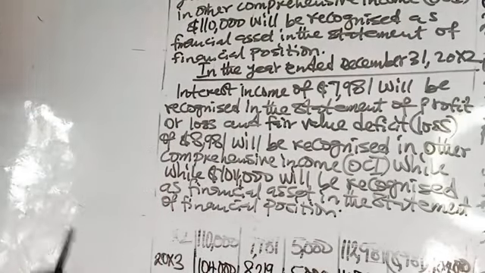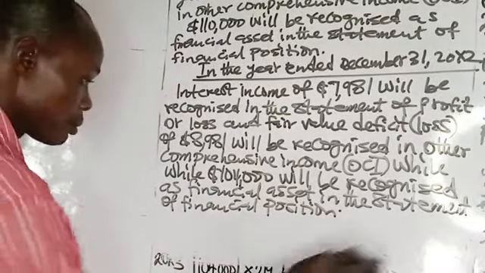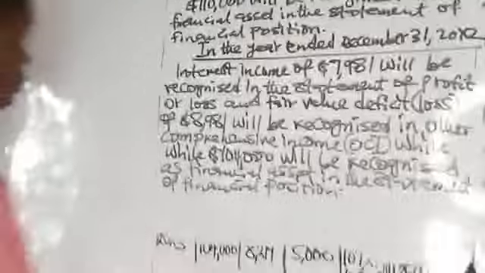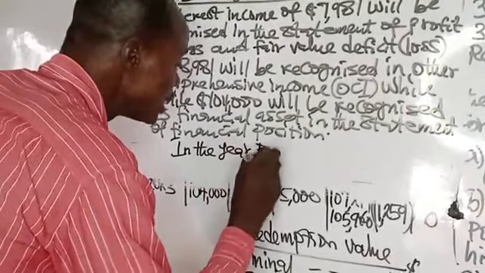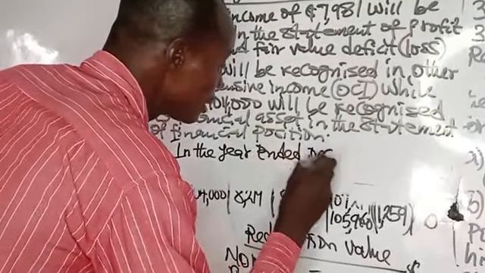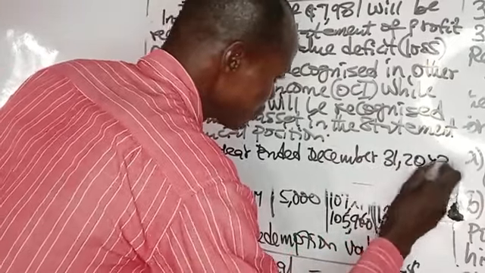Then we have the year ended December 31st, 20X3.